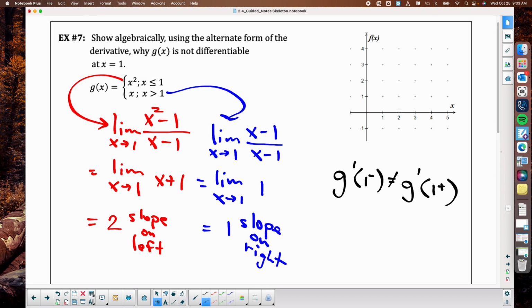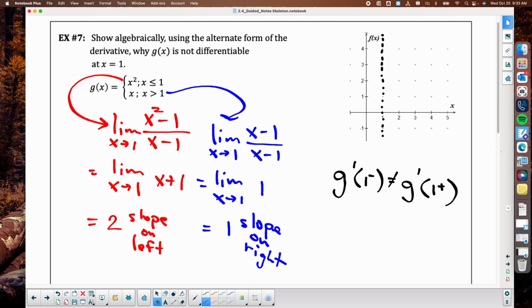Sure, I can draw it up there though too. So x equals 1 is kind of like my border. So I'm gonna have one graph on the left of it and one graph on the right of it. So x squared to the left of 1 and including 1.